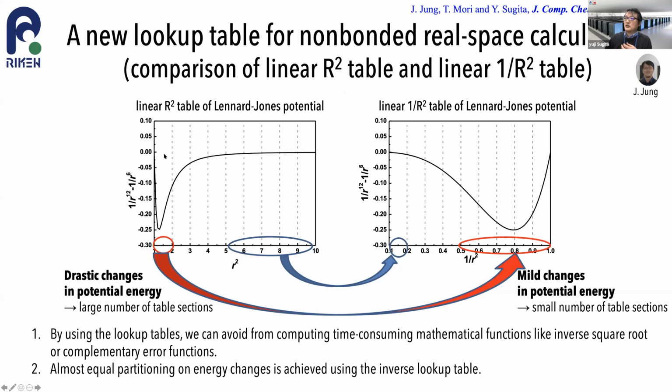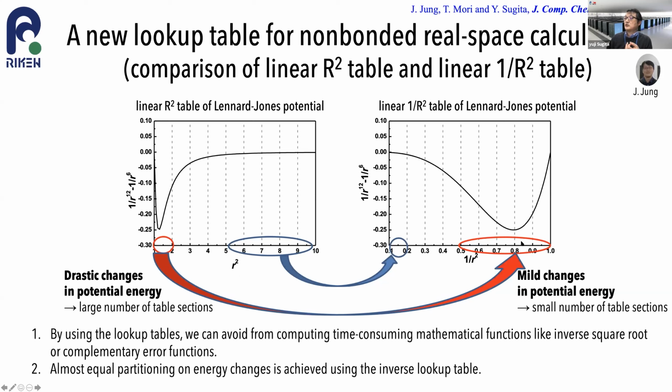So for example, this is a typical Lennard-Jones potential, and there is a deep minimum. But if you use just a linear distance squared lookup table, you have to put many points in this region. However, if you switch to inverse R squared, then this part will be much milder change.